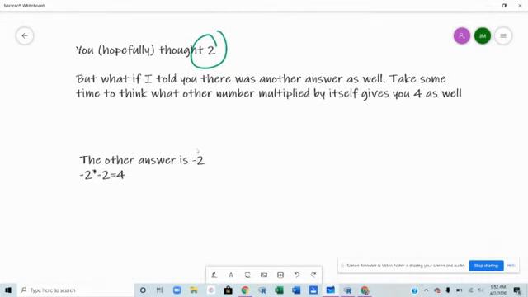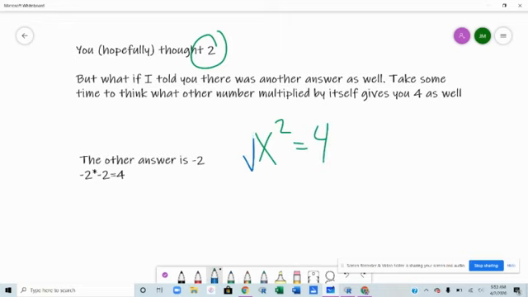The other answer is negative 2, because negative 2 times negative 2 is positive 4. So this means when I had x squared equals 4, I'm going to square root both sides to get rid of my squared.